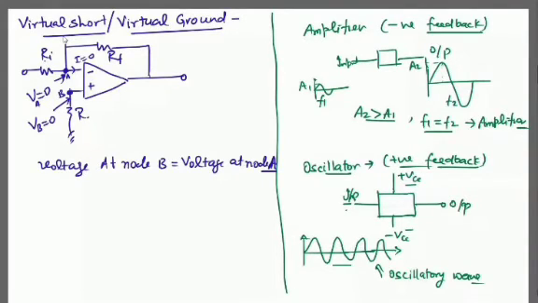Okay, and why is this happening? Just because of this open circuited terminal. If this terminal is open circuit, Rn equals infinity. Because Rn equals infinity, whatever is the voltage at this node B, the same voltage will be there at this node A, but polarity will be opposite.